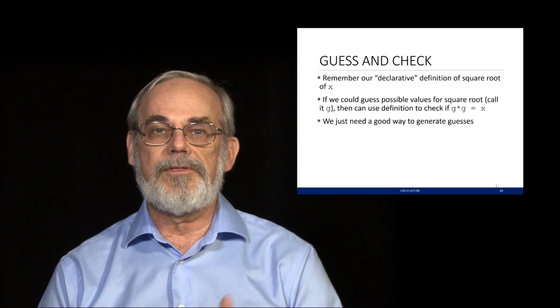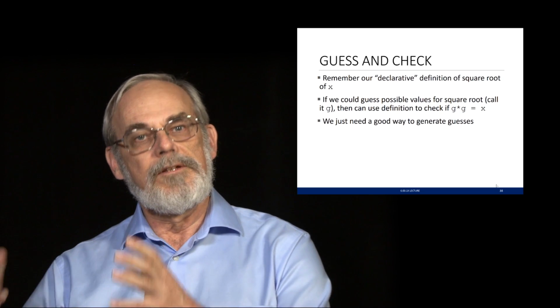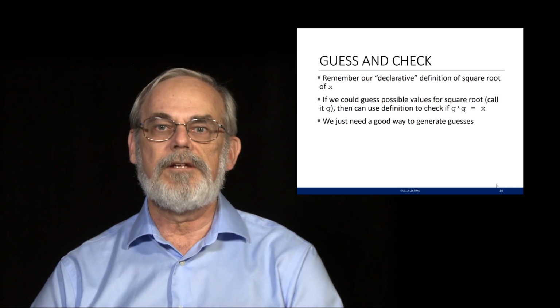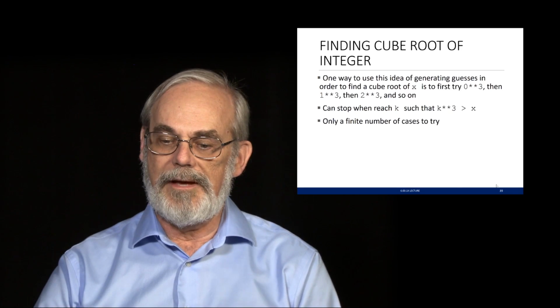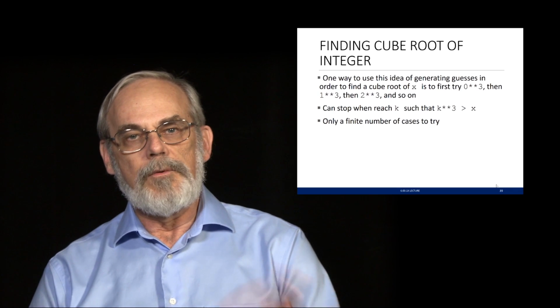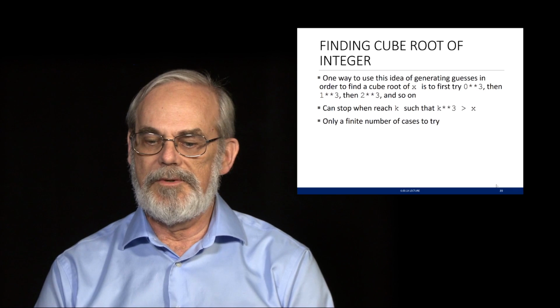I'm going to have to come up with a way of systematically making guesses for the possible answer, check them, and keep doing that in an iterative algorithm until I find a good solution. Let's see how we might do that. I'm going to use cube root rather than square root just to change it up a little bit, but the same idea would work.